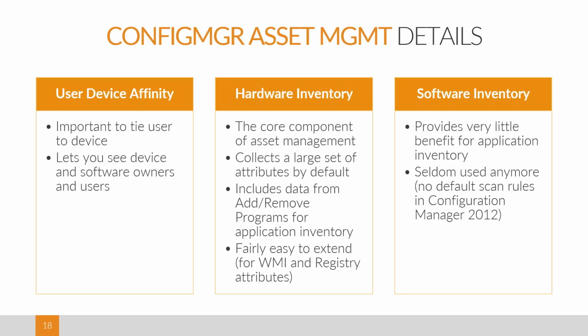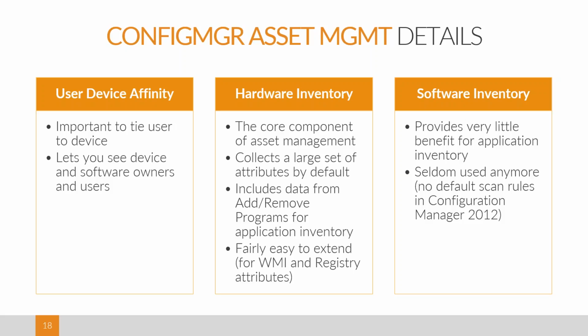User device affinity, it's important for you to tie the user to the device. So if you have an environment where users have a specific piece of hardware that they always use, it's a great feature to tie that user to that device so your help desk analyst can look at the username and find the computer.